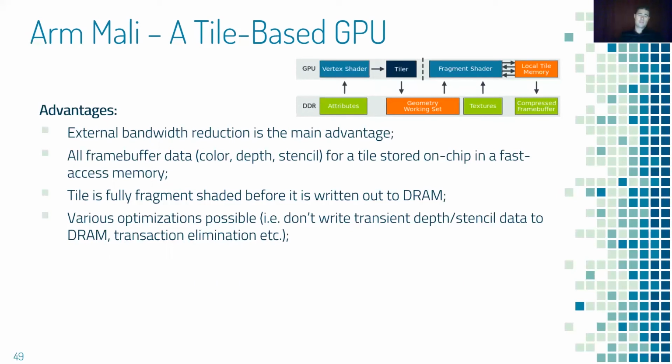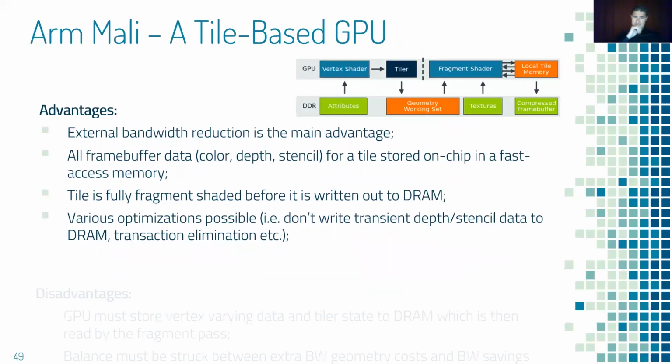Various optimizations are possible in this scheme. For instance, if we know that depth and stencil data is only used in rendering, not after, we don't have to write it out to the external memory. Then we can use something called transactional elimination, and so on and so on.